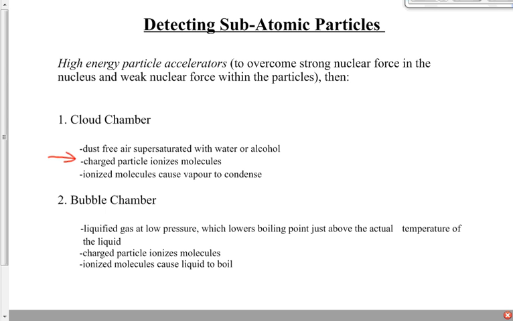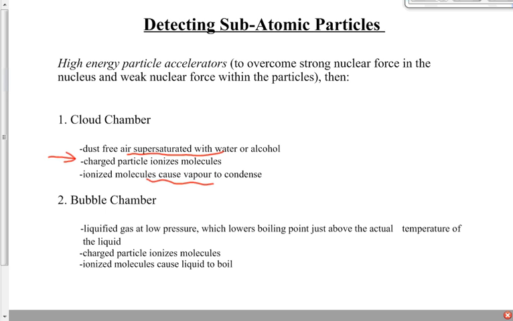Remember, we got a gas, but almost a liquid. It's almost condensing. And it forms a cloud, hence we call it the cloud chamber. This is what you see, basically: the condensation caused by these ionized molecules going through this supersaturated gas.